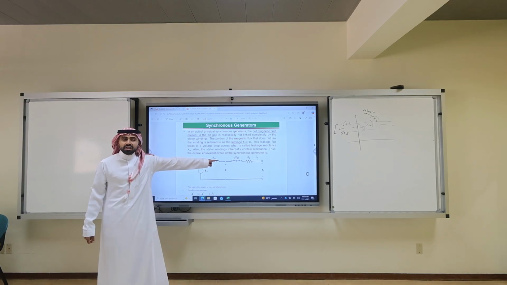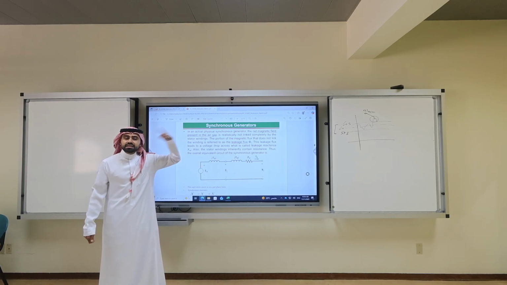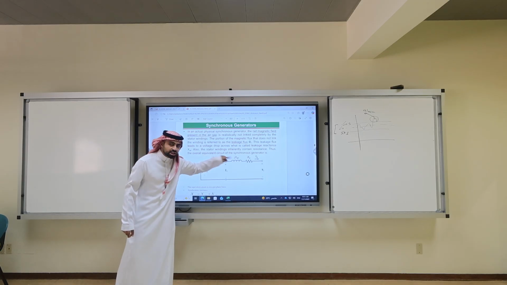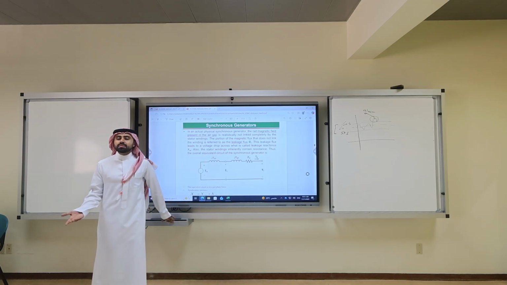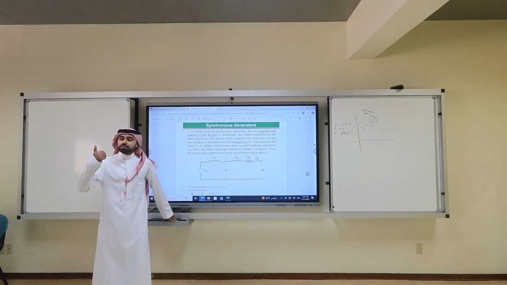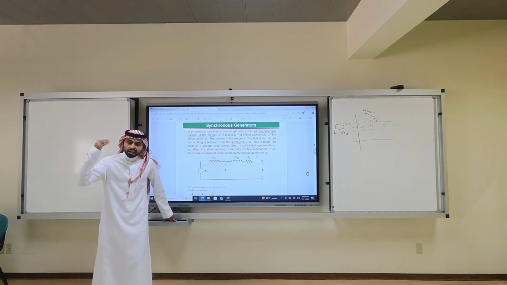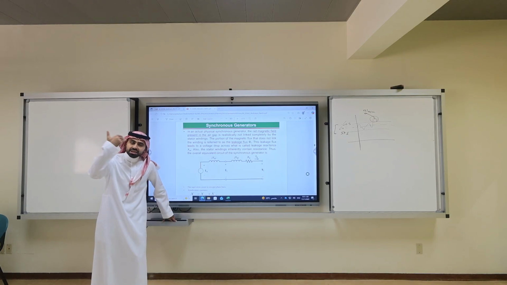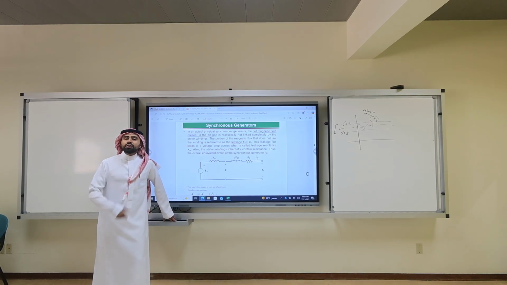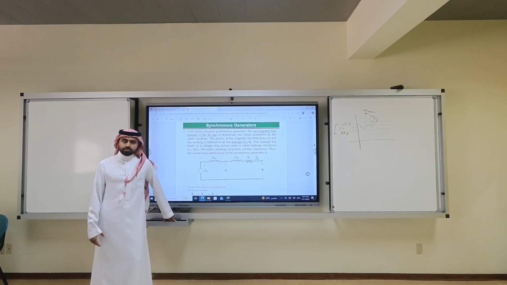Do you remember a major question in transformers, leakage reactance? Yes. It is the same question, but this one is much bigger. Why is it much bigger? Because the air gap is much larger and it's a rotational device. So flux will leak. Not all the rotor flux will travel to the stator. Some of it would be lost in the air because of the salient poles.